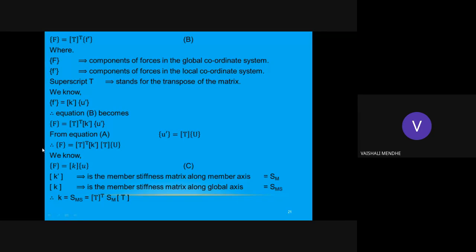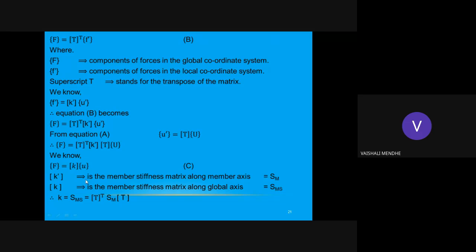So again this equation B will be simplified to T transpose into k dash into T into u. Again we know that f is equal to k into u: force is equal to stiffness into displacement.